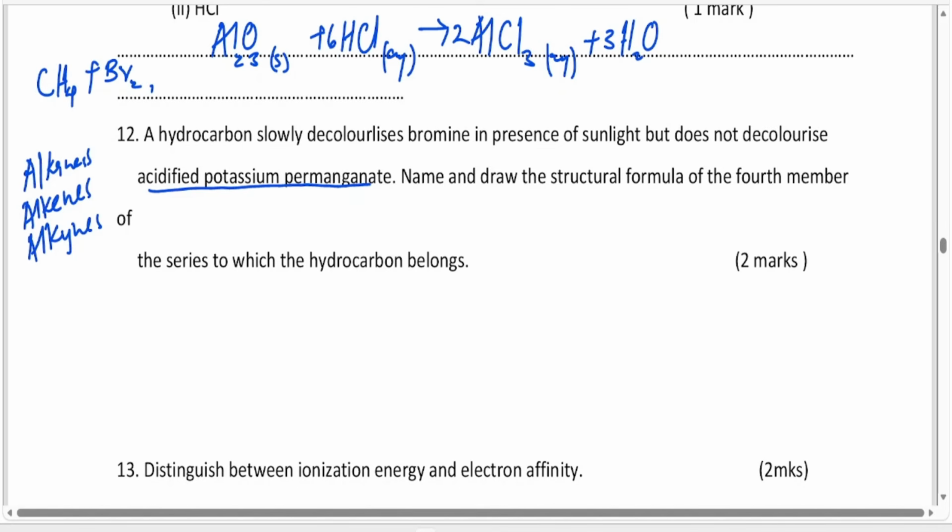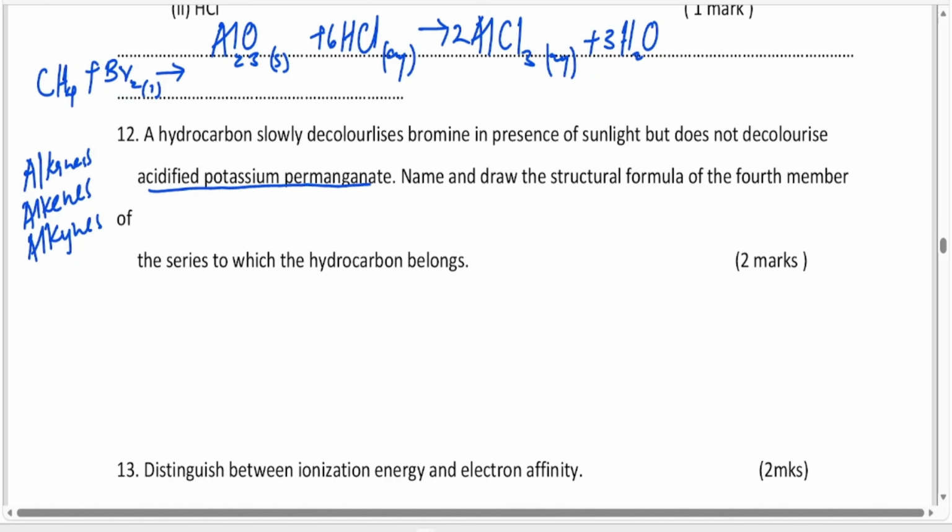In this case, it is going to decolorize this particular solution because substitution reaction will take place in this kind of reaction. So it is only alkanes that have ability to decolorize bromine, but they cannot decolorize strong oxidizing agents such as potassium manganate 7. But for alkenes and alkynes, they can decolorize all of them.